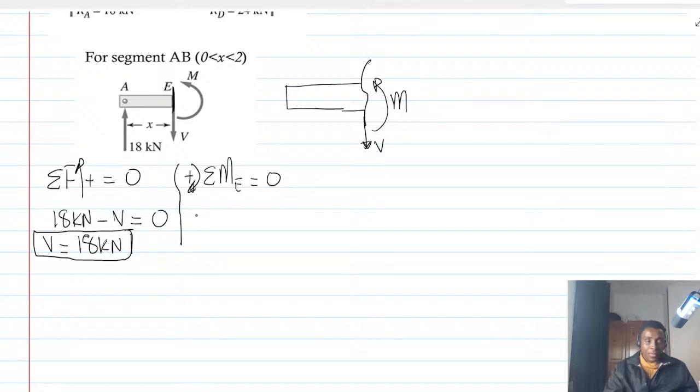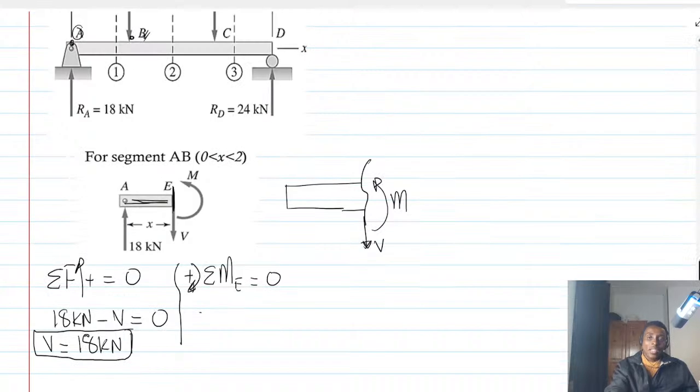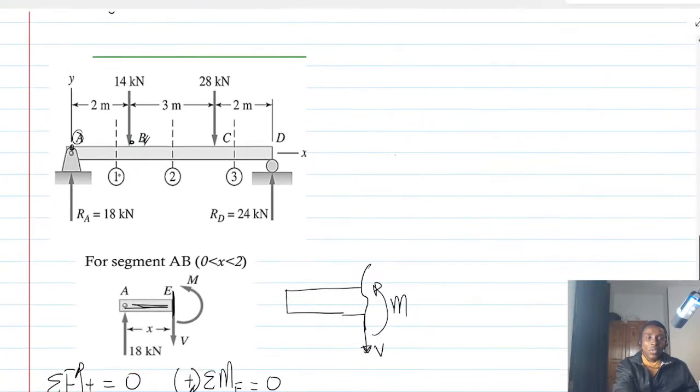So taking the moment, we can see that 18 multiplied by x. Now when we say x is like this one, we have taken a portion and we are calling the distance from here to here x. So think about x as a portion that you have taken.